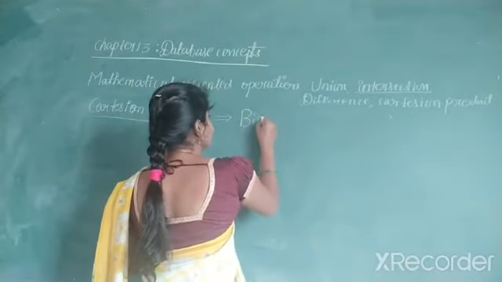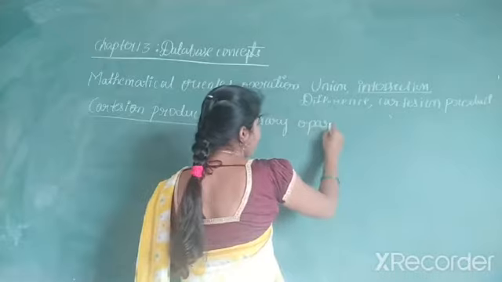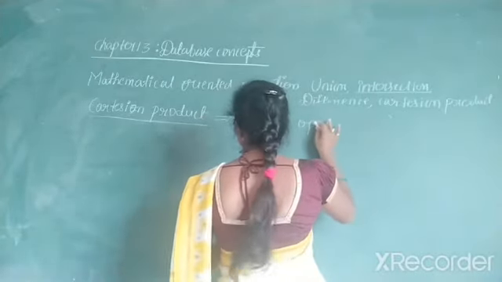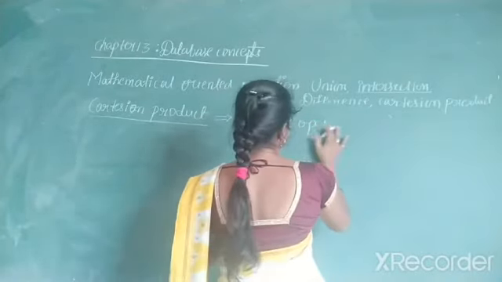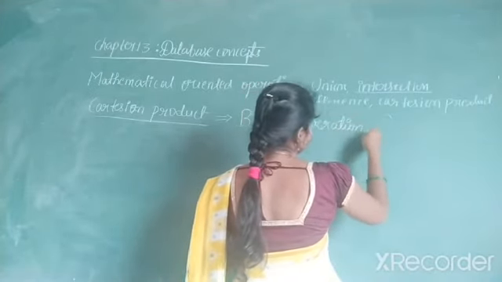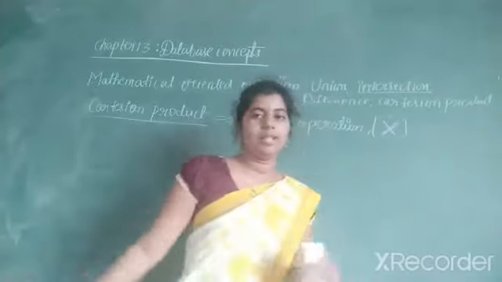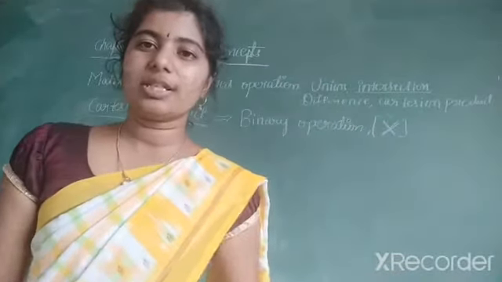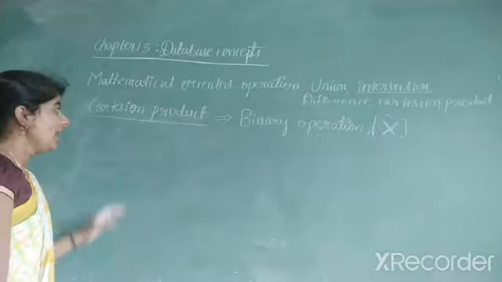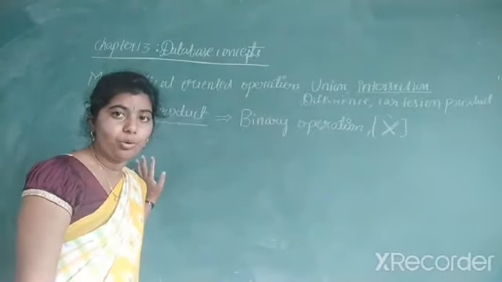For this also we require how many relations? Two relations. It is represented by the cross symbol. And it is a binary operation because it is applied on two relations.